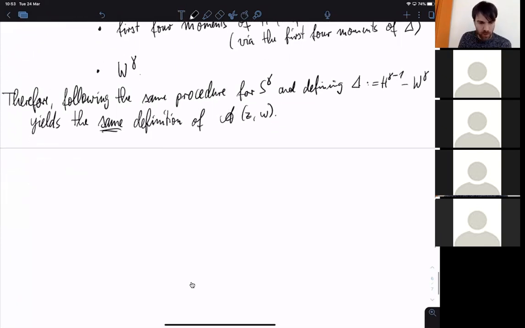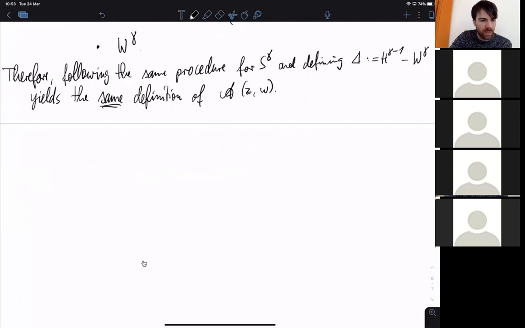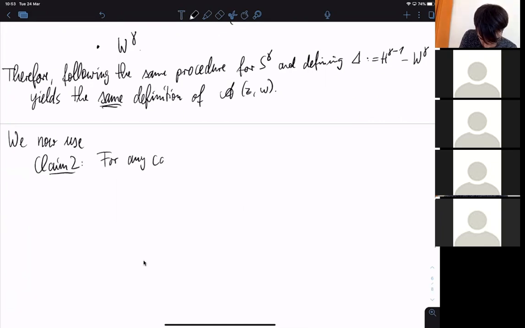And what we want to use now is a technical result, which we will actually prove as a homework. We now use what I would call claim 2. For any constants q bigger than 0 and delta bigger than 0, we can control the q norm of the entries of R and T. So we have the following.